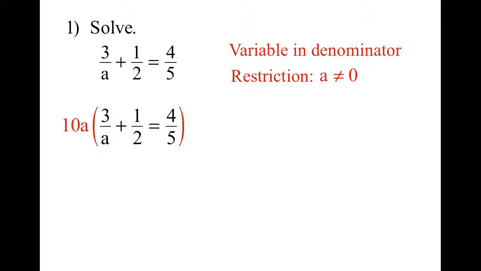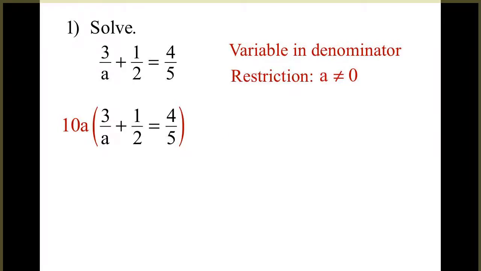Okay, now check your work. As I'm doing this, I'll do the enlarged version. We'll do 10a times 3 over a. The a's cancel out, and I'm left with 30.